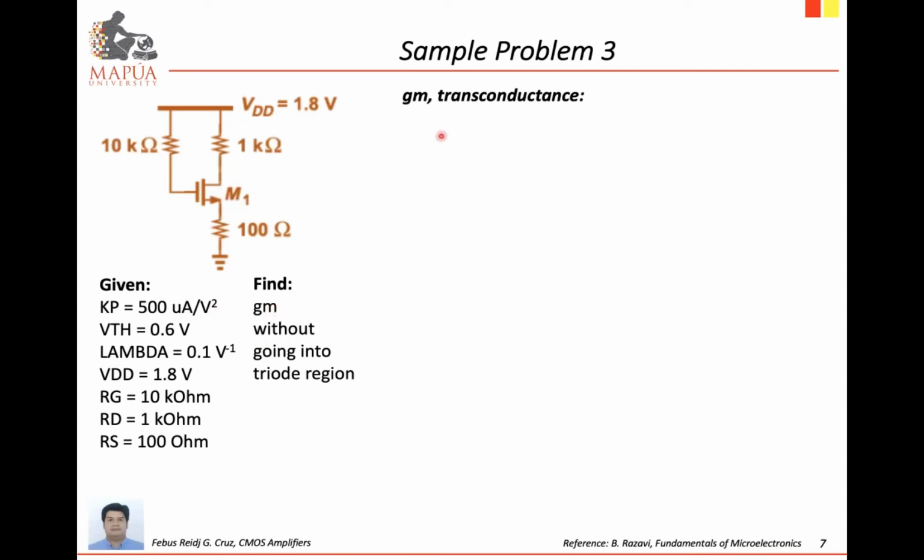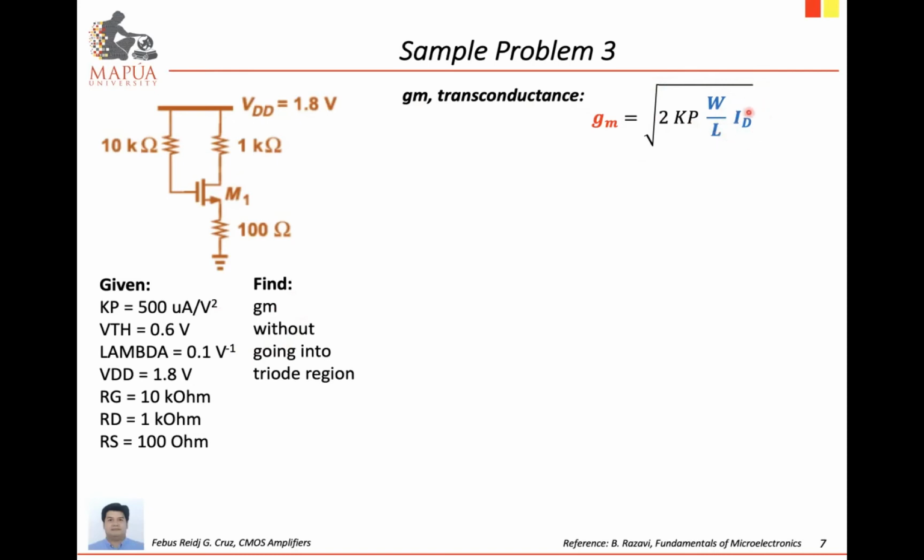For the transconductance, this is the equation. So gm or transconductance is equal to the square root of 2 times Kp times W over L times ID. So before we can determine gm, we need to solve for the W over L as well as for the drain current.